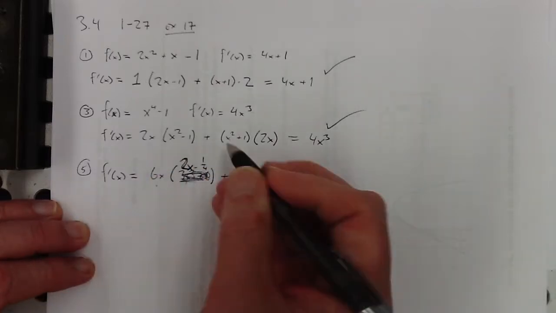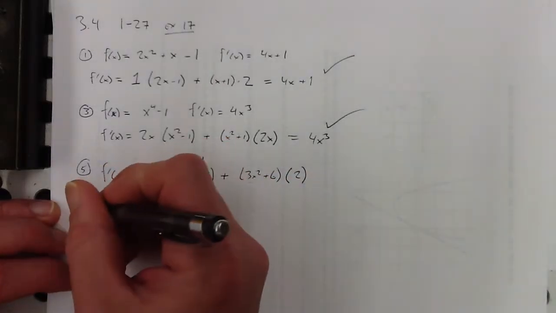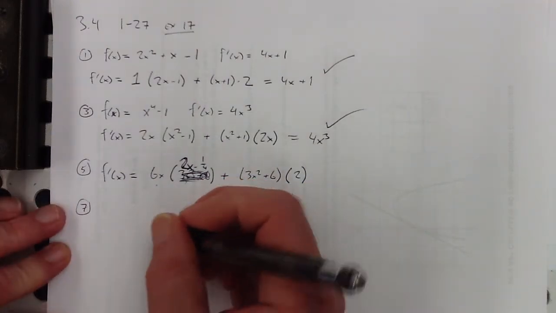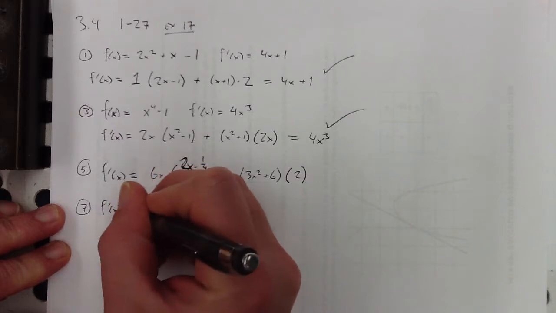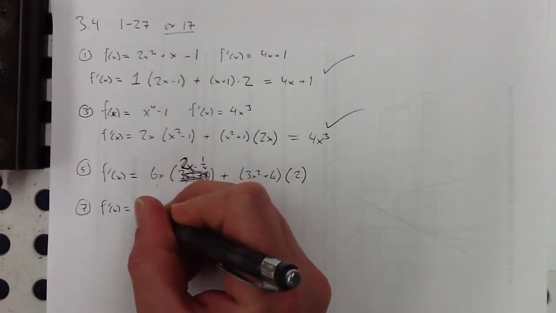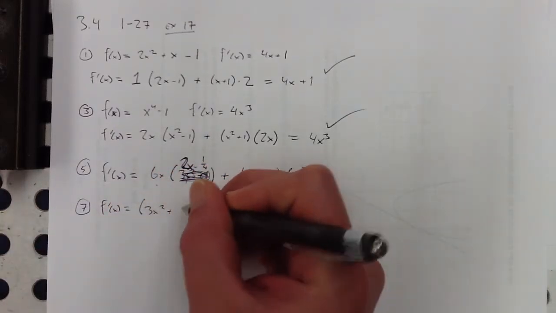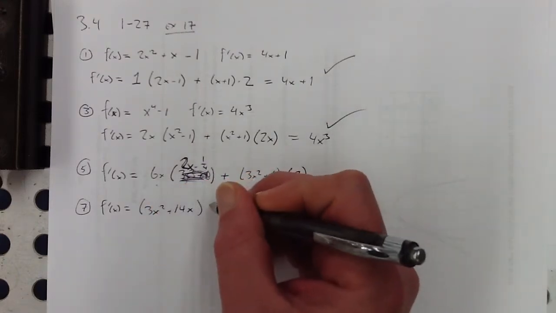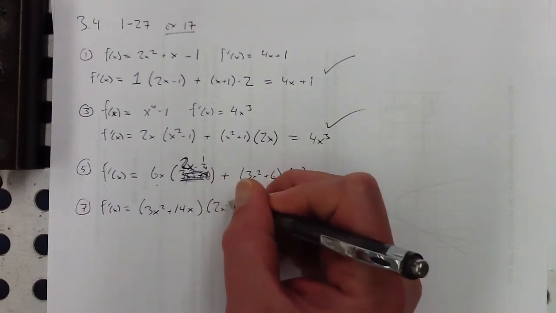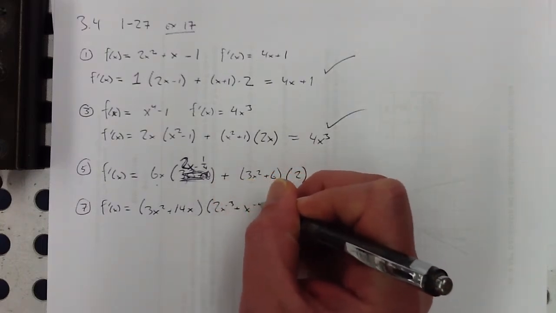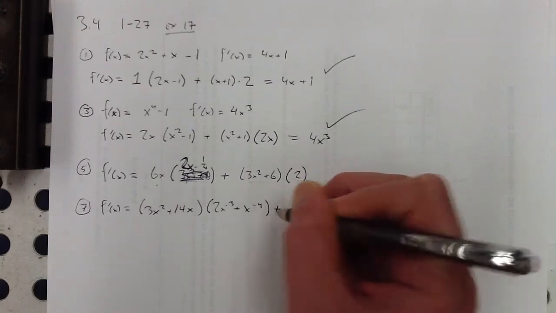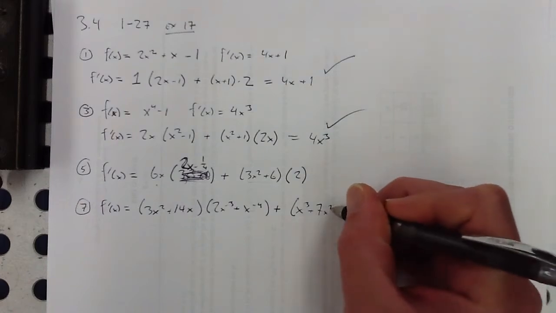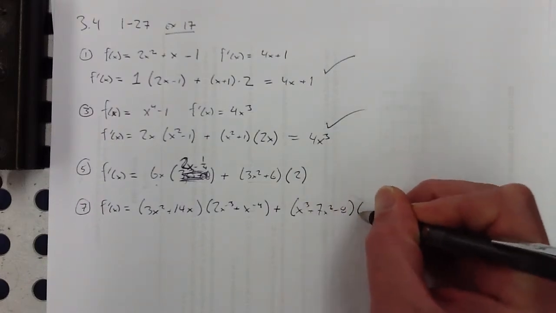Okay, and I'm not going to, I mean, you could simplify that some and whatever. I've got better things to do. I'm sure you do too. Okay, so here the derivative of the first is 3x squared plus 14x times the second plus the first times the derivative of the second.